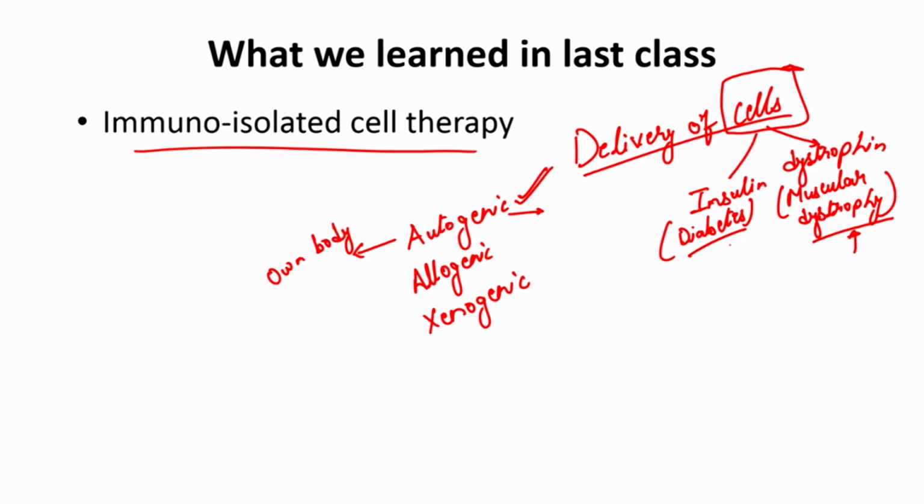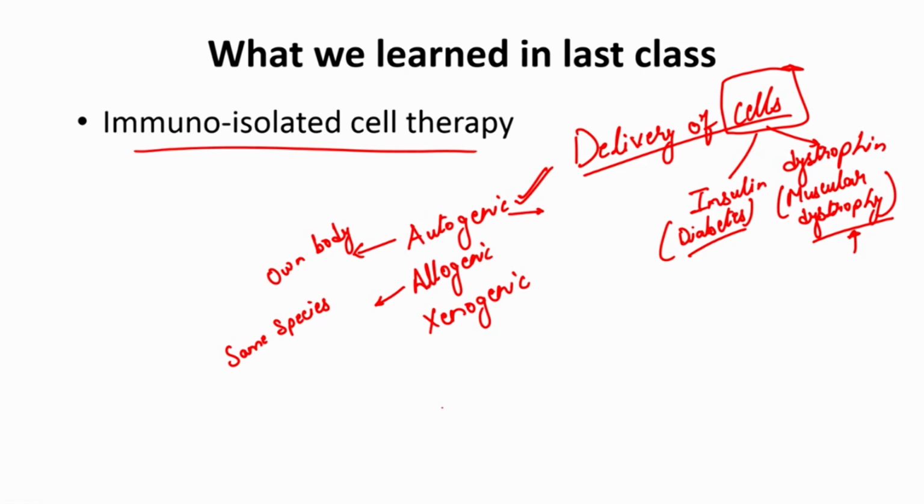So, you will need cells from a different source which have a functional copy, and in that case allogenic is the most preferred, which means getting it from the same species. Since we are humans, we are talking about getting it from another human donor.